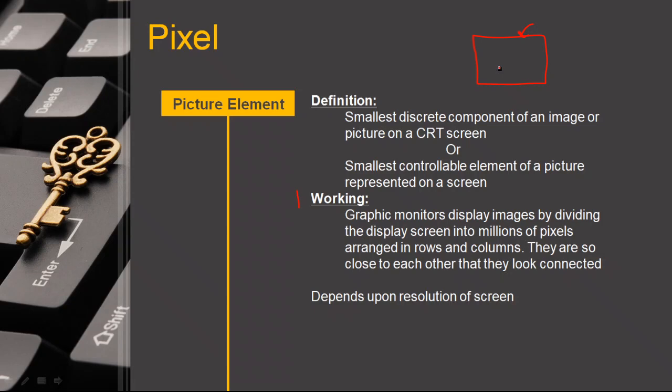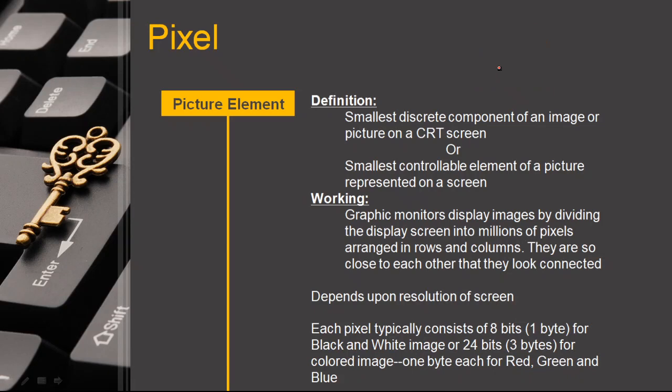Many pixels are arranged with each other. They are so close to each other that they look connected and form an image. The pixels depend upon the resolution of screen. The more the resolution of the screen, the more the pixels are there. Or you can say the more the pixels on a screen, the more the resolution of that screen.